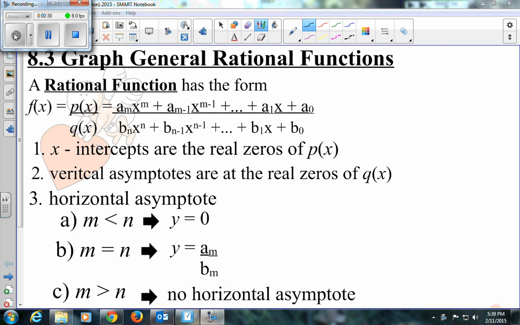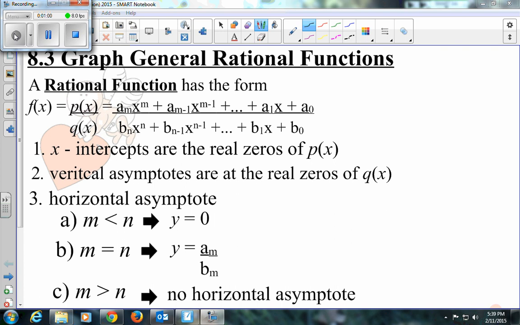And what this means here, I've got a sub m x raised to the m plus a sub m minus 1 x to the m minus 1 plus dot dot dot plus a sub 1 x plus a sub 0. Now that's the top of my function. All that means is this is a polynomial. M is the degree of my polynomial that's on the top of my equation.